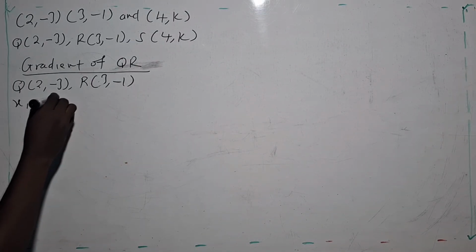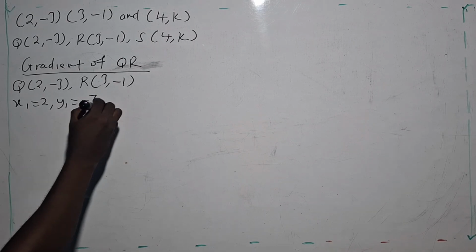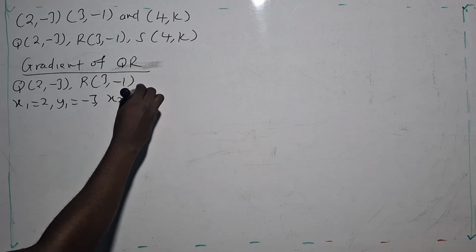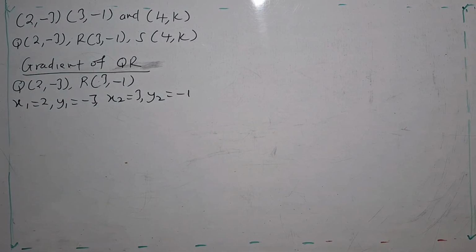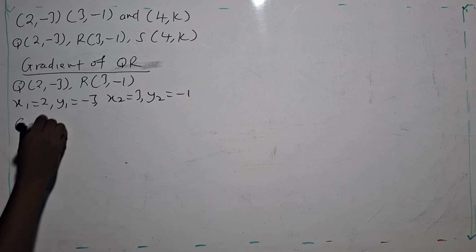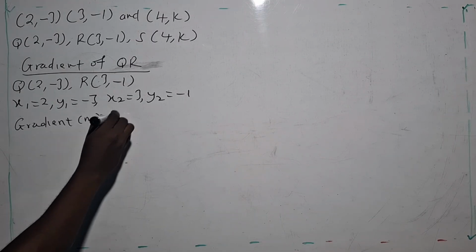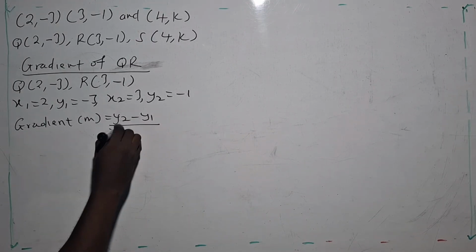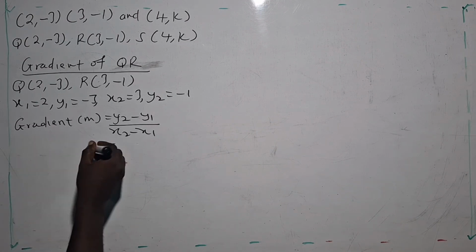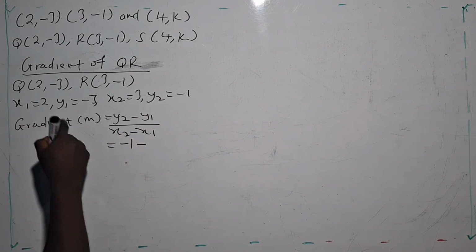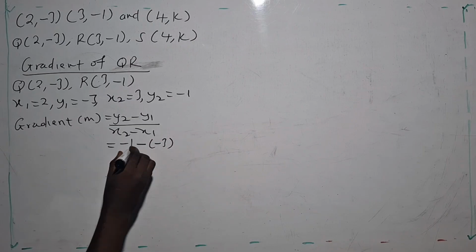So X1 is 2, Y1 is -3, X2 is 3, then Y2 is -1. So follow closely. Gradient is Y2 minus Y1 over X2 minus X1. And as I solve, you can pause the video and solve and see if we will all come to the same answer. So Y2 is -1 minus Y1, which is -3.